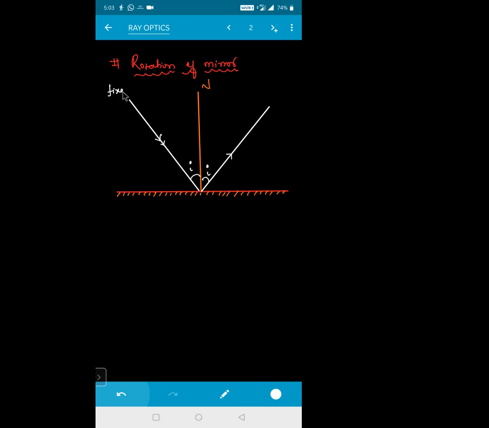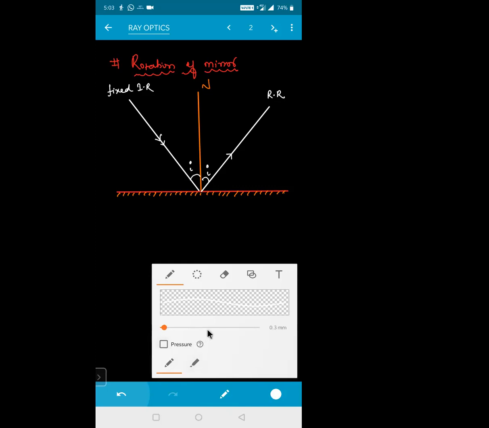This is your fixed incident ray and this one is your reflected ray. Is it clear? Now what am I doing? What do we mean by a fixed incident ray? It means this is always remaining constant. We are not changing the direction of the incident ray of light. Here some torchlight is there and it is held fixed, so that this light which has been coming always remains constant.